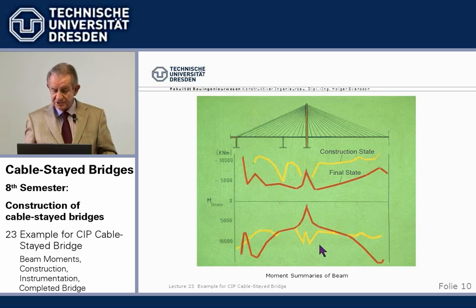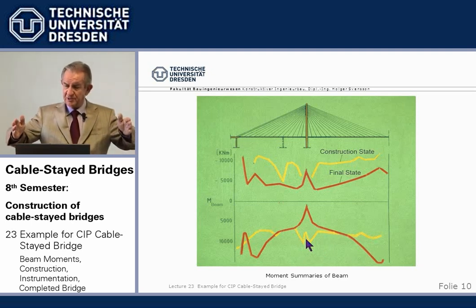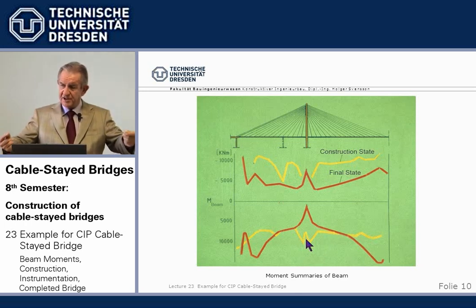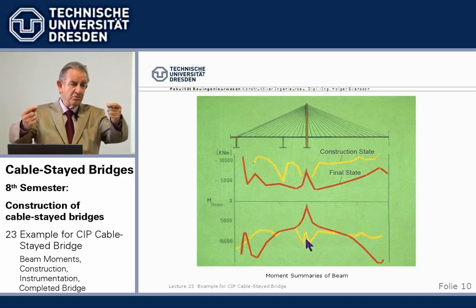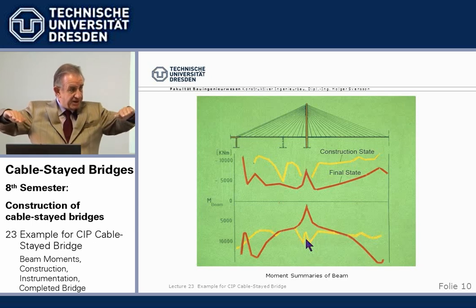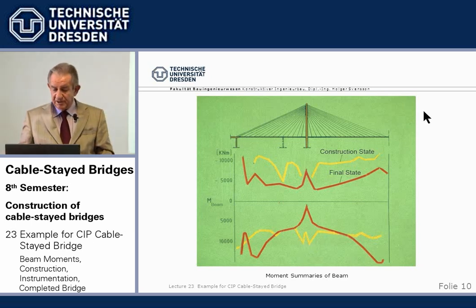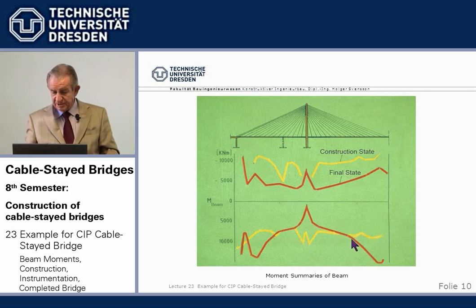length of the bridge. On the other hand, the positive situation occurs when we have cast the element and we stress the cable to its final force, which means we stress it too much for the actual situation. Then we have tension at the bottom. Now, this is not as bad, and you see here in the middle, where we have the big positive moments in the final state, the construction is not governing.